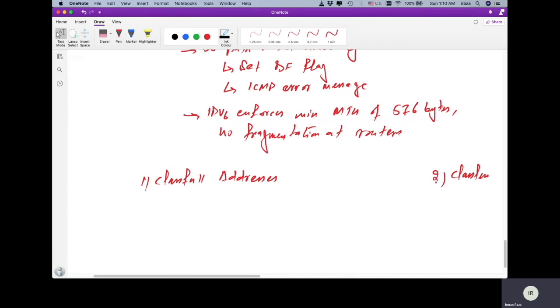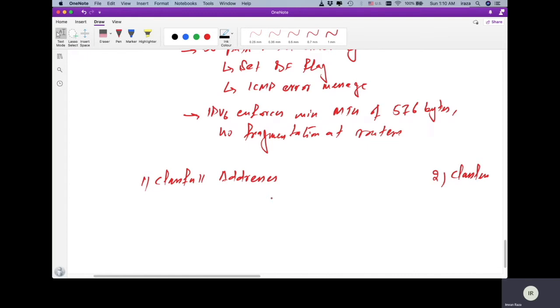Okay, let me first quickly talk about classful addressing and classless addressing. In classful addressing, the number of bits that are representing the network part are fixed, right?